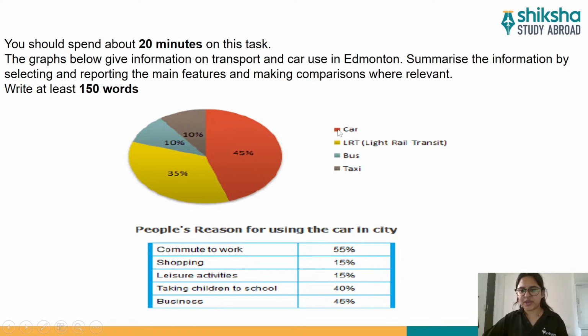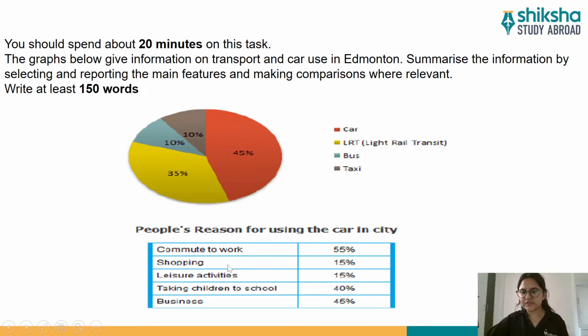Car has been highlighted with orange. LRT, which is light rail transit, has been highlighted with yellow. Green is teal, gray is for bus, the blue kind of shade, and brown is for taxi. So this is the consumption of the vehicles which people are using in terms of transport, and people's reasons for using the car in the city.